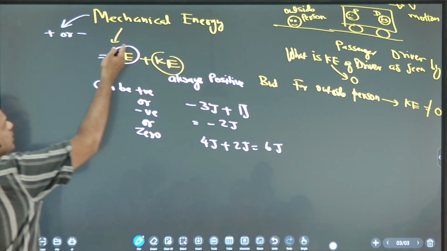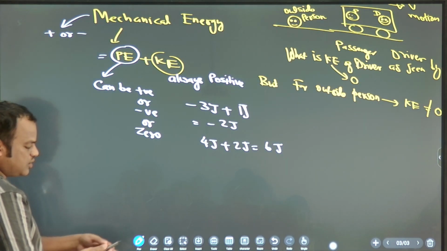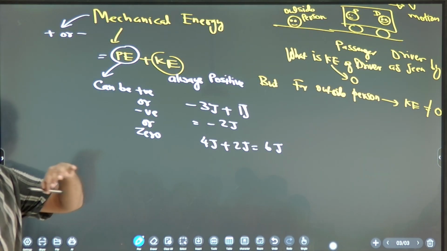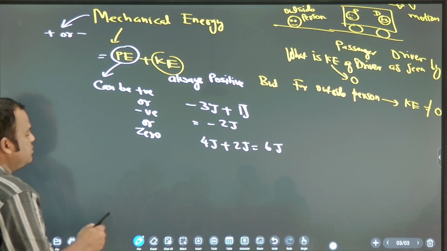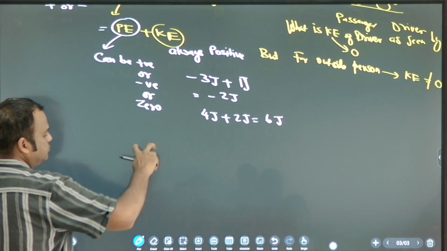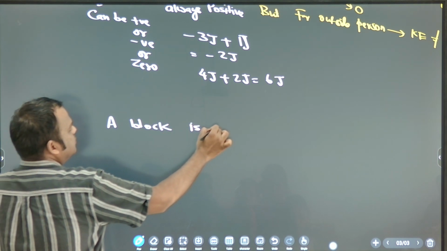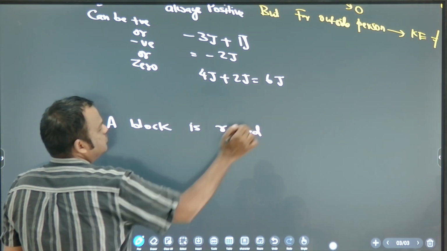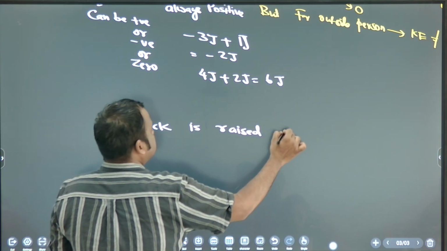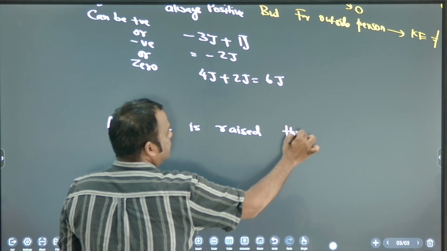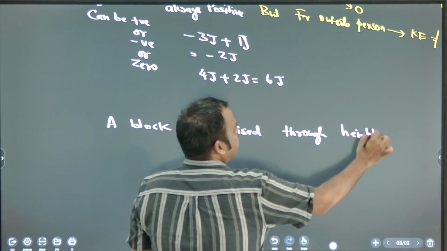What do you mean by potential energy? You see this object. I'm moving this object like this, so I'm doing work. A block is raised through height h.